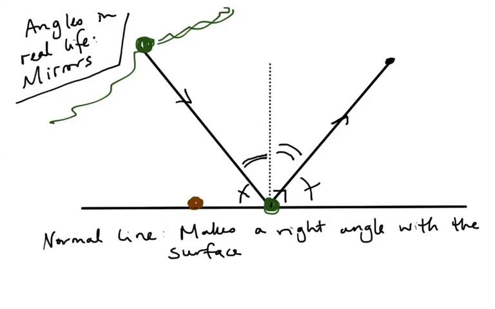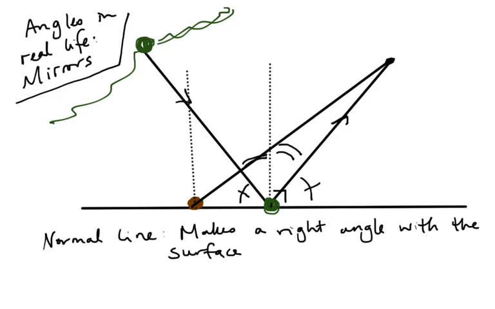Well, to figure that out, we can again draw our normal line from that point, and draw in our lines. There we go.